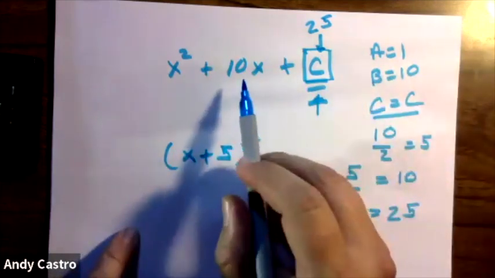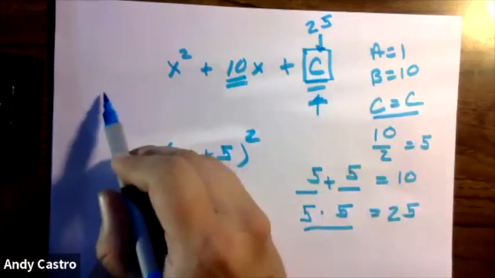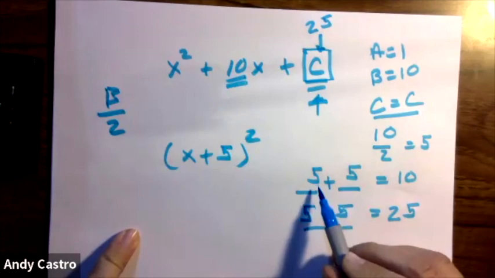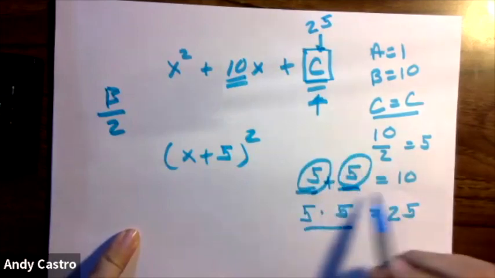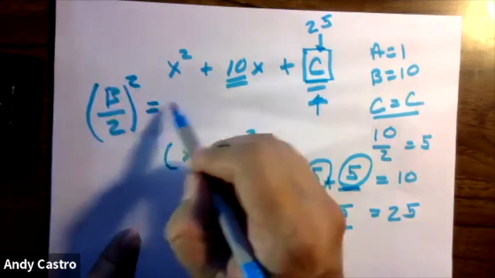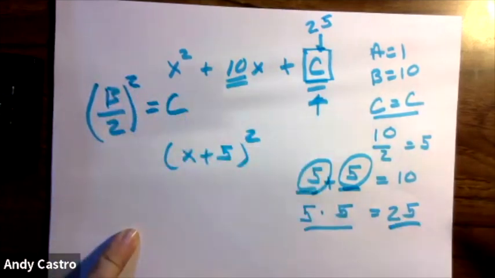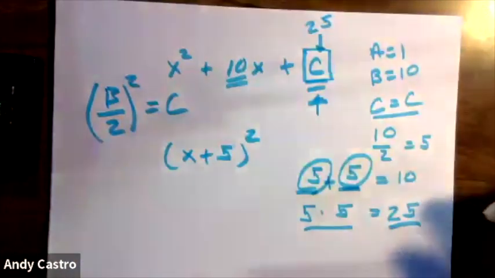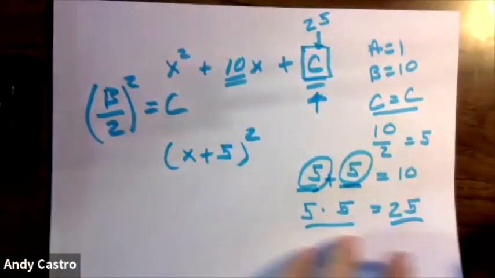So what we do is we take the b, we divide it by 2, then we square it. That gives me my c. Okay. All right, so let's review that.